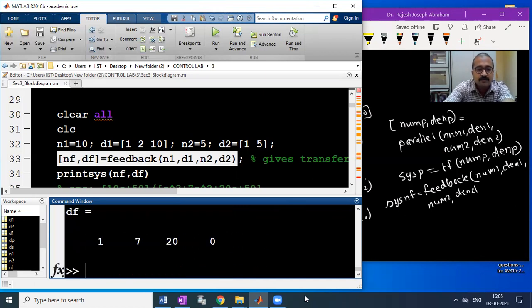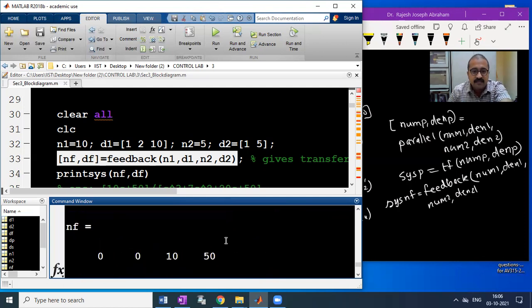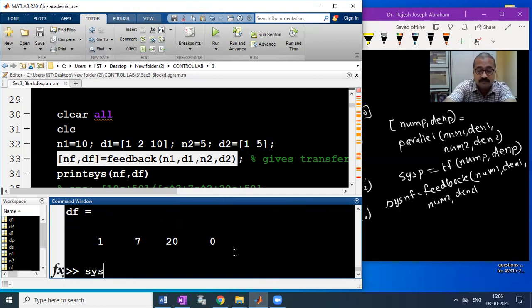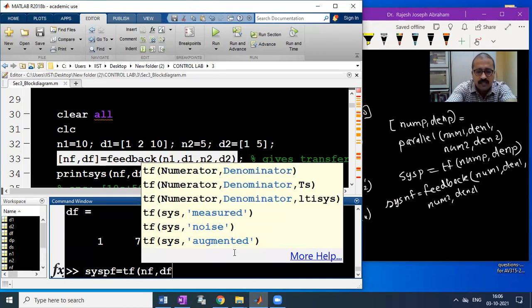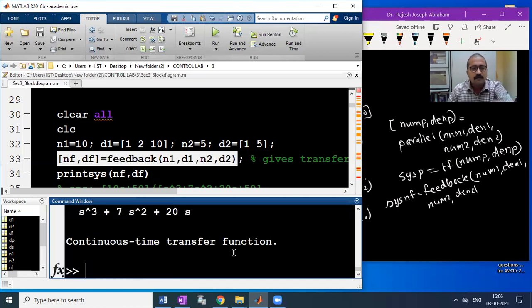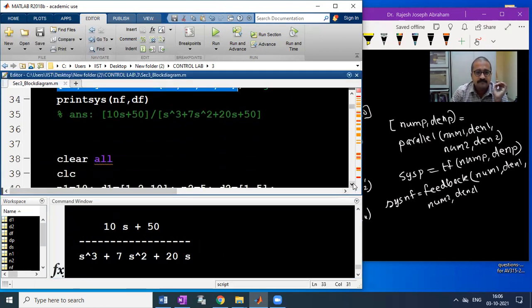You can see that your denominator is different now: 1, 7, 20, 100 because it was positive feedback. So sys pf equals tf of nf comma df. This will be our transfer function when it is in positive feedback.